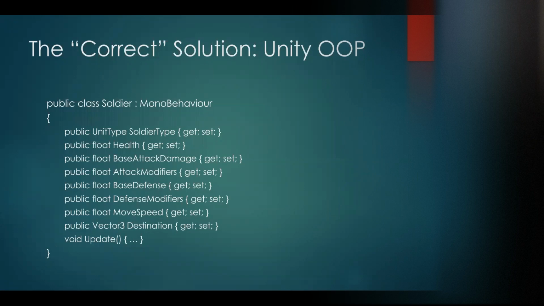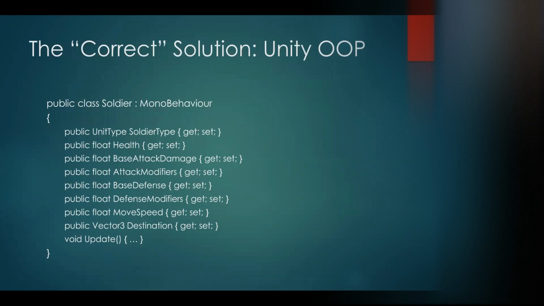Because we're working in Unity, we decided to make it a MonoBehaviour, and we add a bunch of stuff that we feel the soldier is gonna need. In particular, we're trying to be smart, so we try to avoid complicated inheritance. We're just gonna have a unique type, which is an enum that determines, okay, this is a sword soldier, or an arrow-throwing soldier, or an ogre, or what kind of soldier it is.